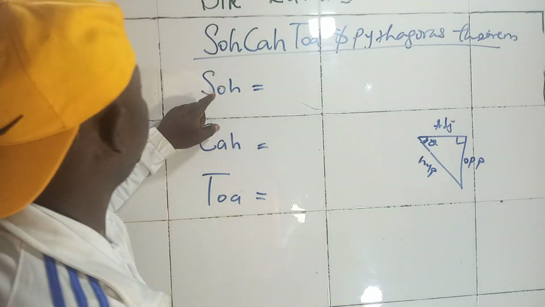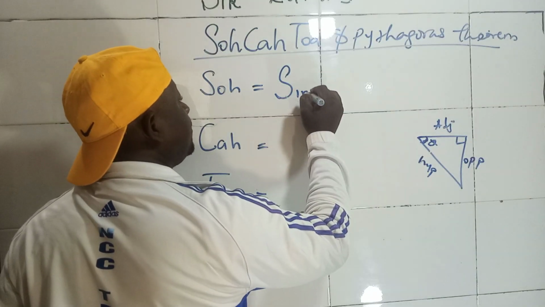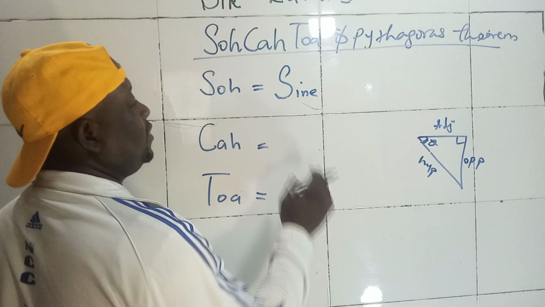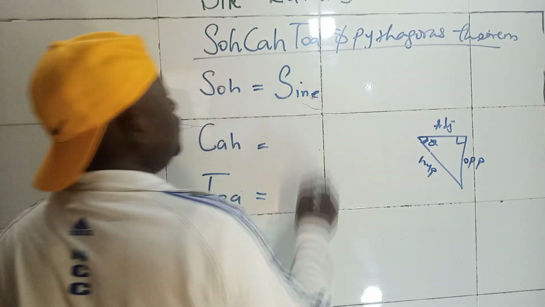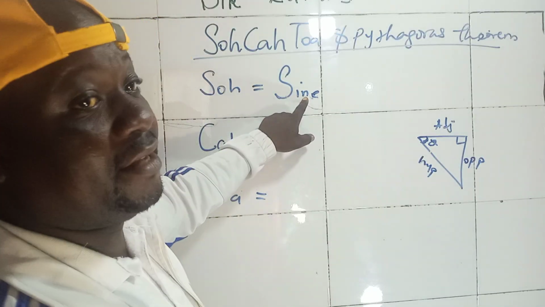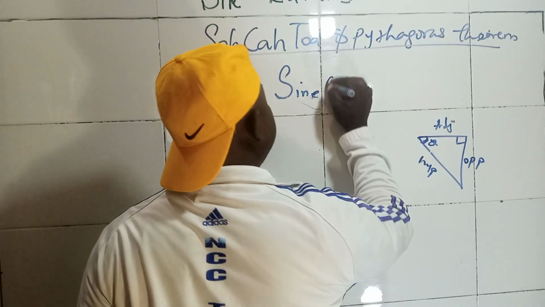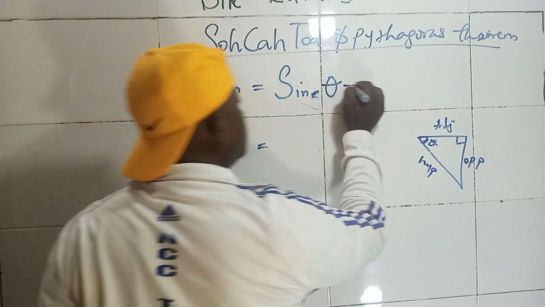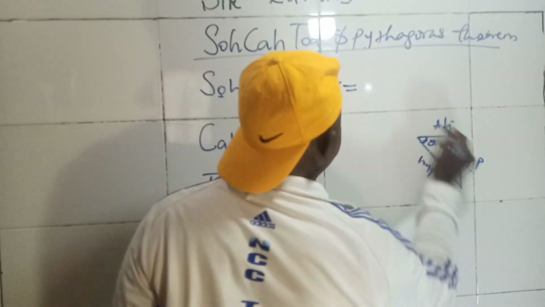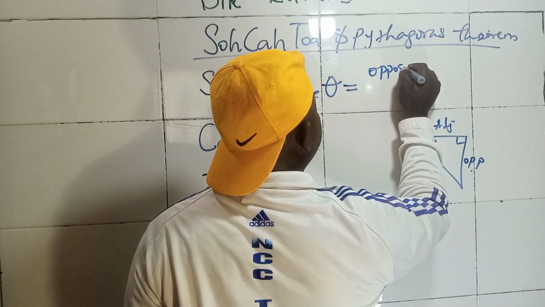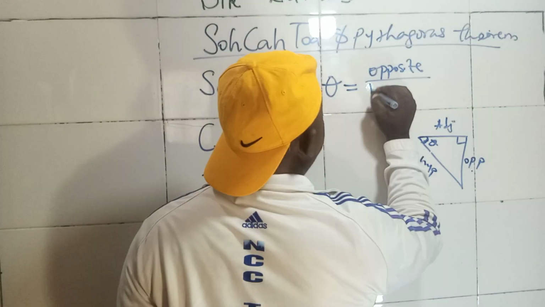So from this, now we want to determine something. So when you say S, it means sine. You can complete it or you put sin. While you're doing your calculation, you can write sine, sin, or complete it. So it says sine of this angle, theta, is equal to, what do you have here? O. O means opposite, all over H. H means what?